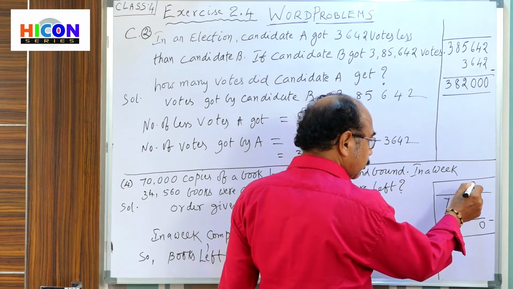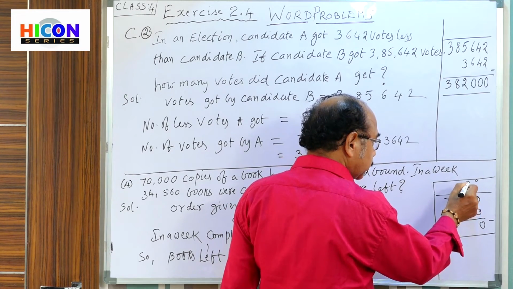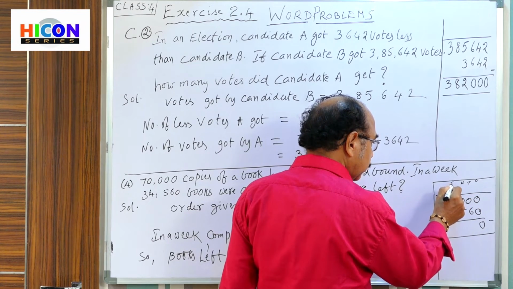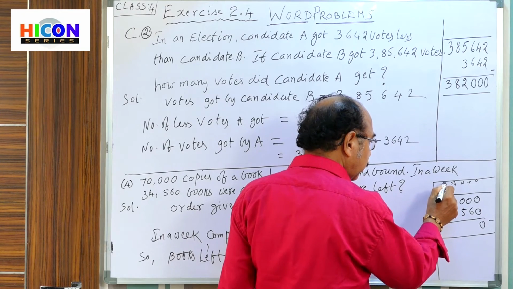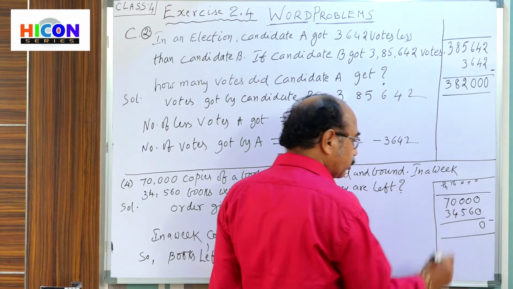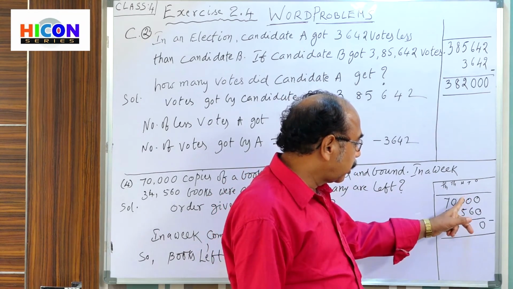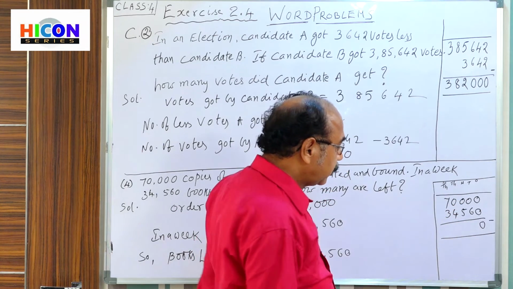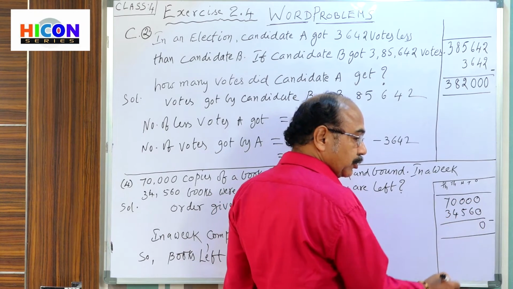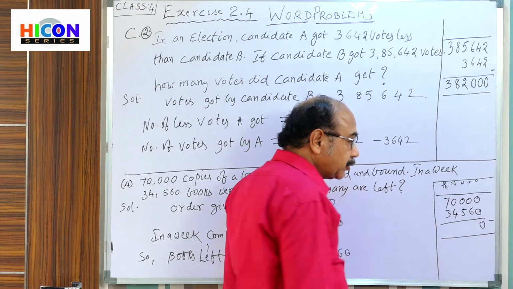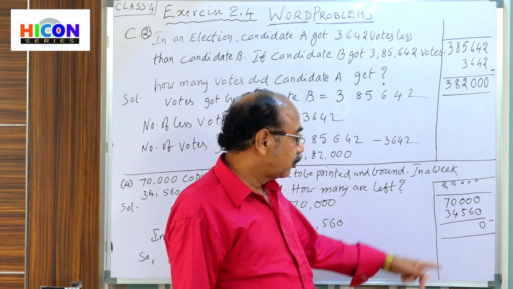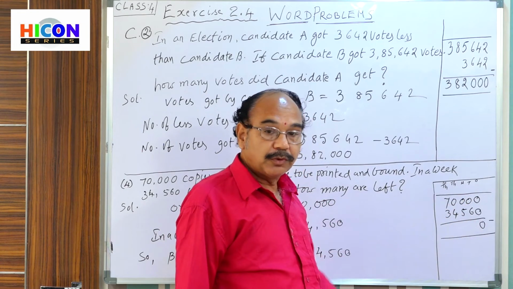This is 1's place, this is 10's place, 100's place, 1000's place, 10,000's place. Units, 10, 100, 1000, 10,000. Subtraction. So, 0 minus 0, 0. Now come to tens place. Can you subtract 6 from 0? No. We cannot subtract 6 from 0.